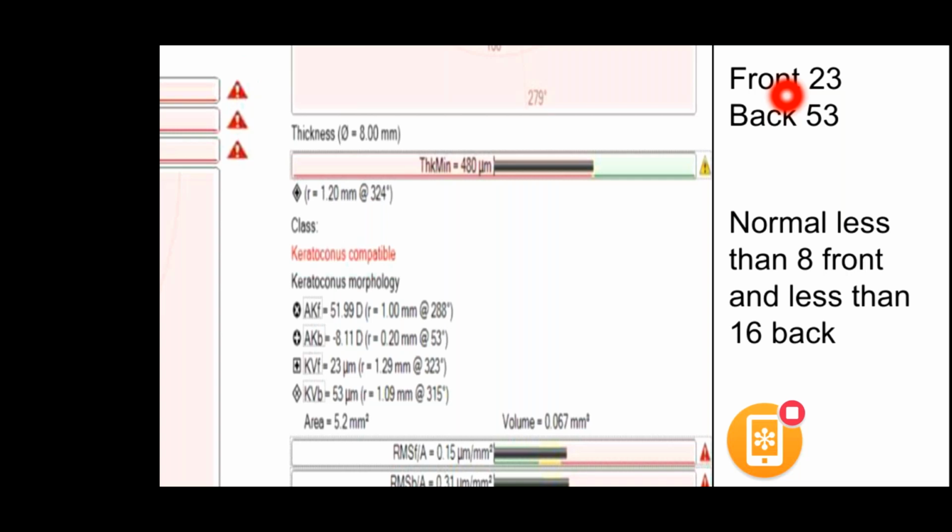But in the hyperopic patient, the back elevation is about 10 more, so it should be around 26. So more than 26 would be abnormal. In myopic, 16. Hyperopic, 28. Okay?